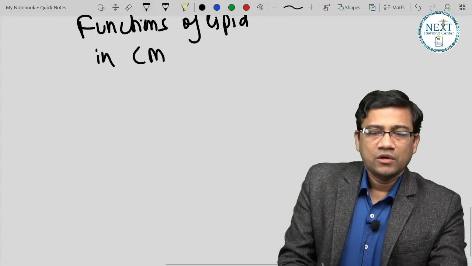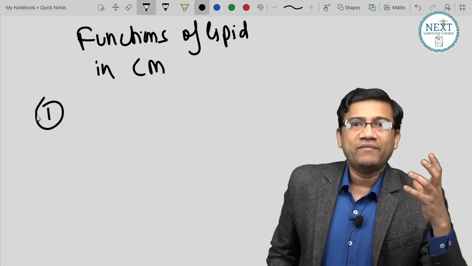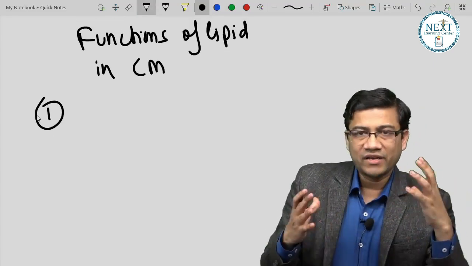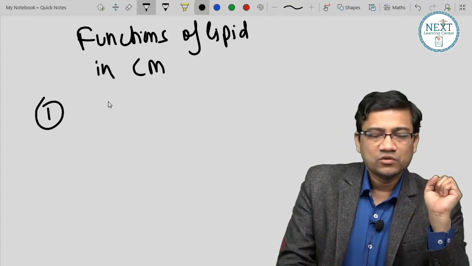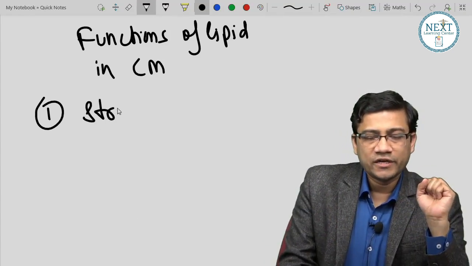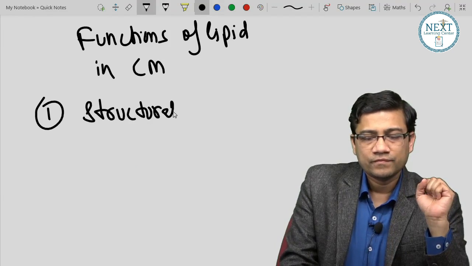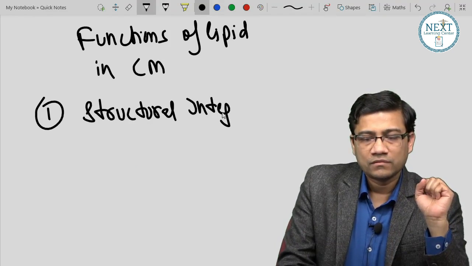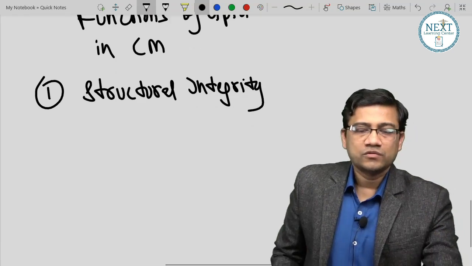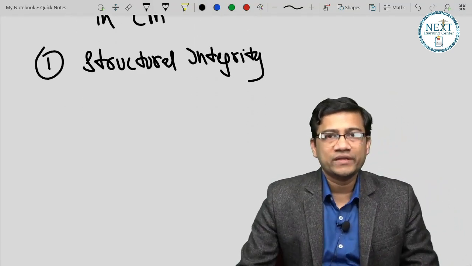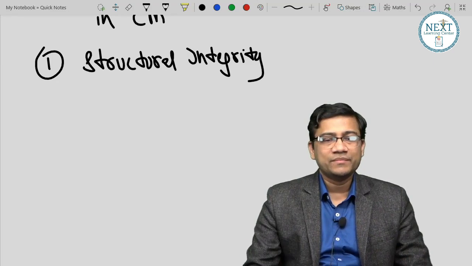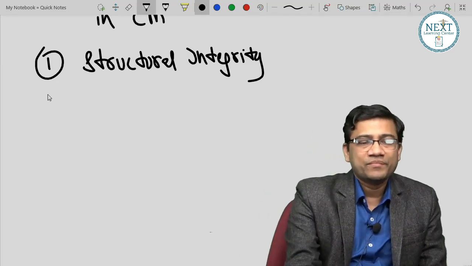First, they keep everything together and create a very stable membrane. So they provide structural integrity.